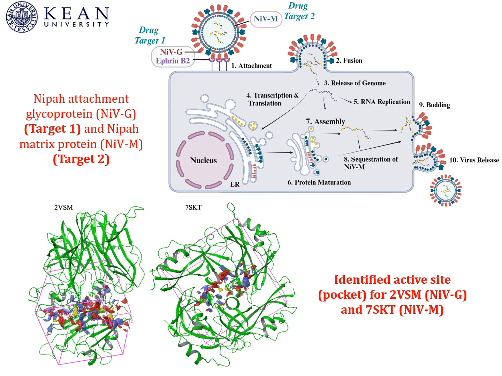Therefore, the Paramyxovirus matrix is a key target for the antiviral, responsible for protein-mediating virion assembly and budding from the host cell membranes. That's the reason we are targeting the Nipah virus attachment glycoprotein and Nipah matrix protein.